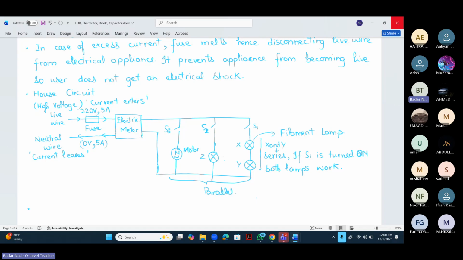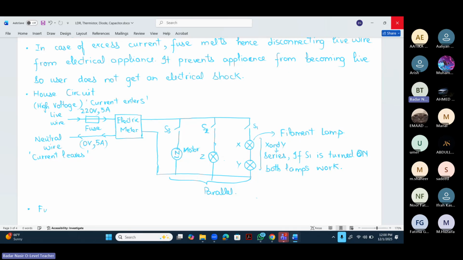So that does not mean that you will use a fuse of 5 amperes or maybe 6 amperes. So the fuse rating is always higher than the normal current in the circuit. Okay?